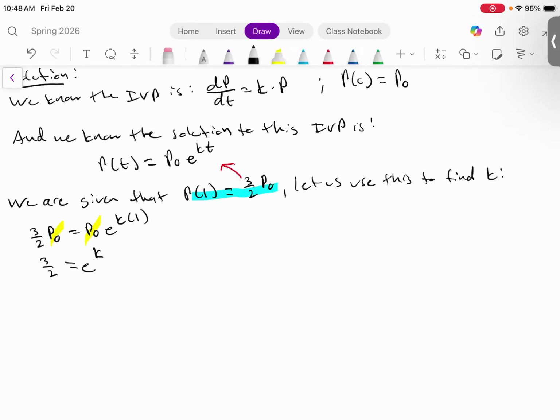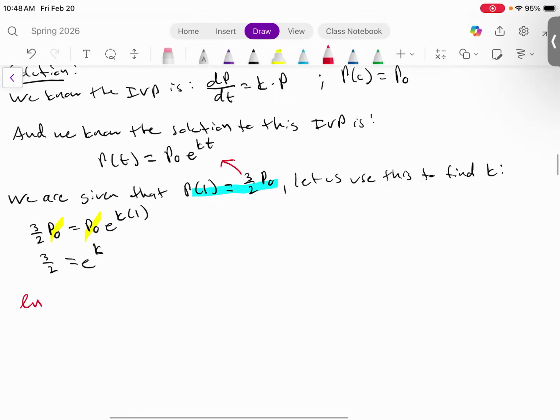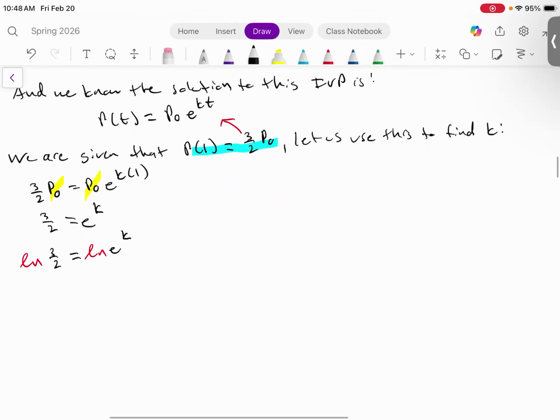Well, we have e to the k, and remember our logarithmic properties: I can take the natural log of both sides to cancel out that exponential and bring down the k.